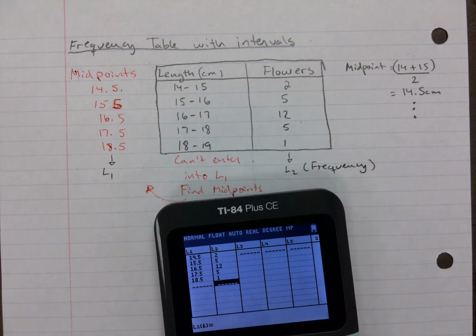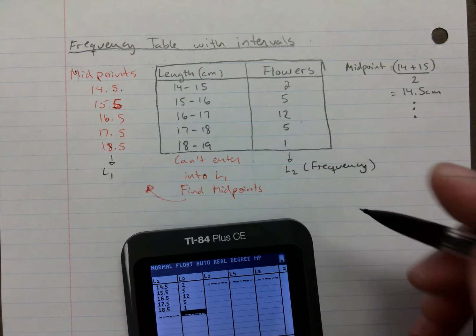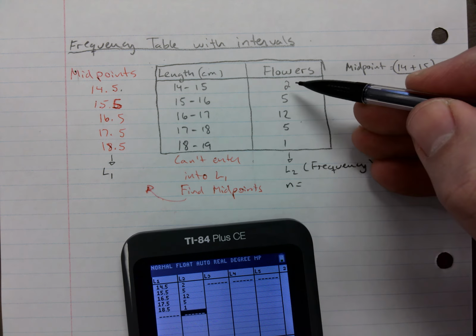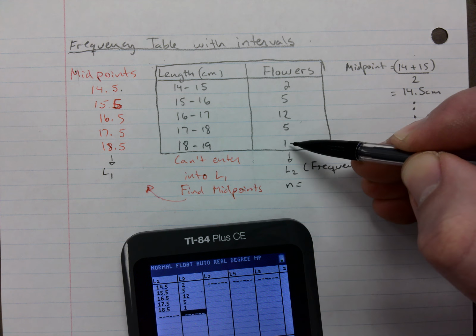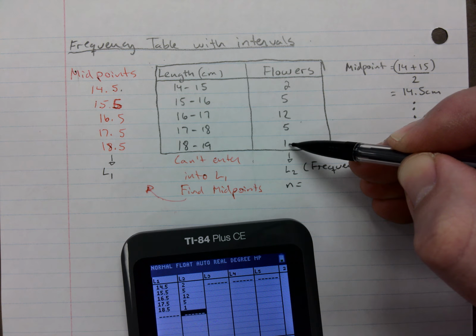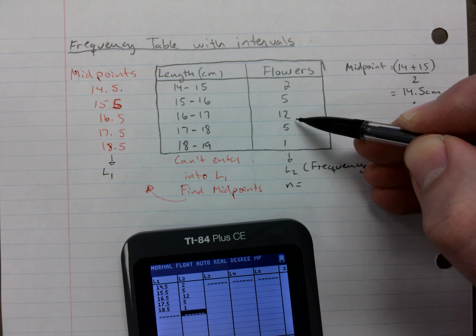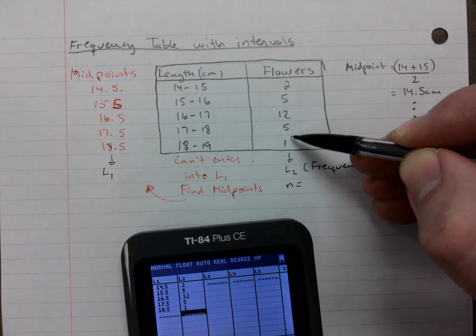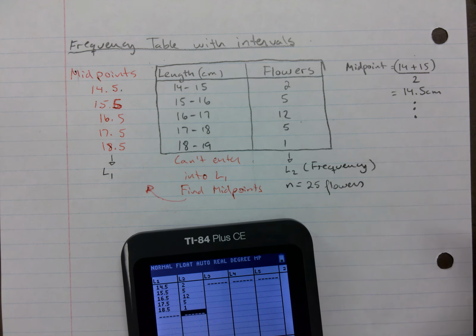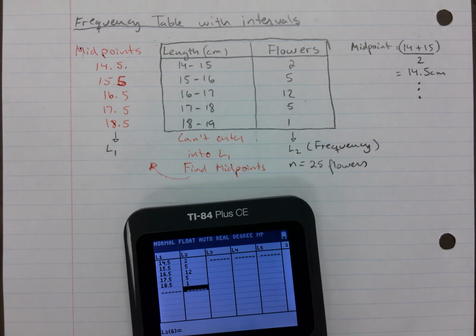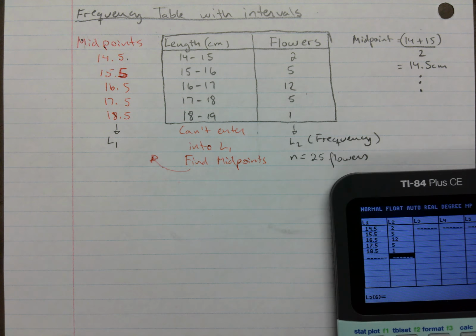Just gonna make a note over here, and I'm expecting 7 and 12, that's 19, plus 1 is 20, so 25. I'm considering 25 flowers in this as my data point.